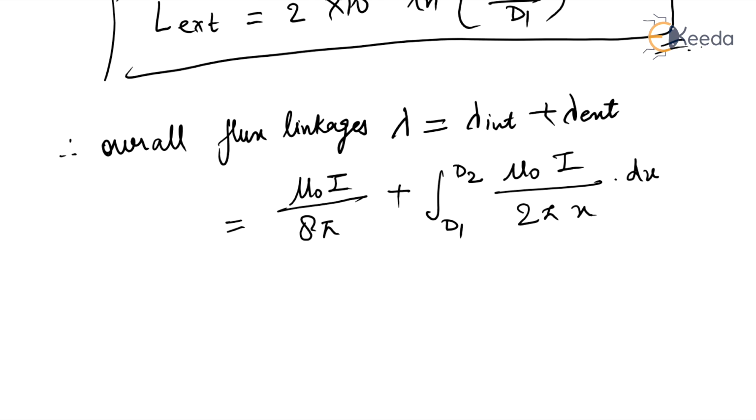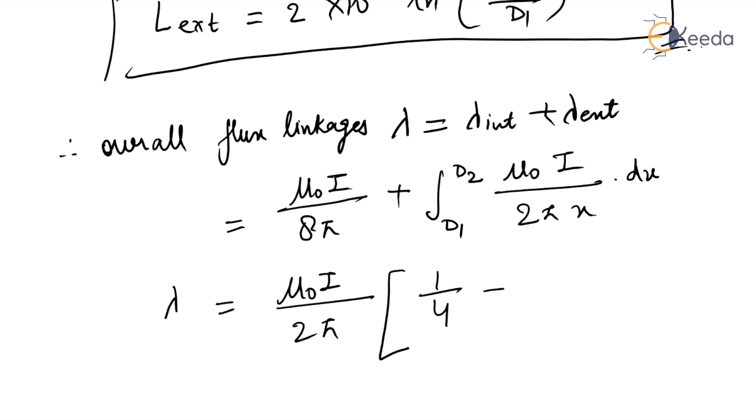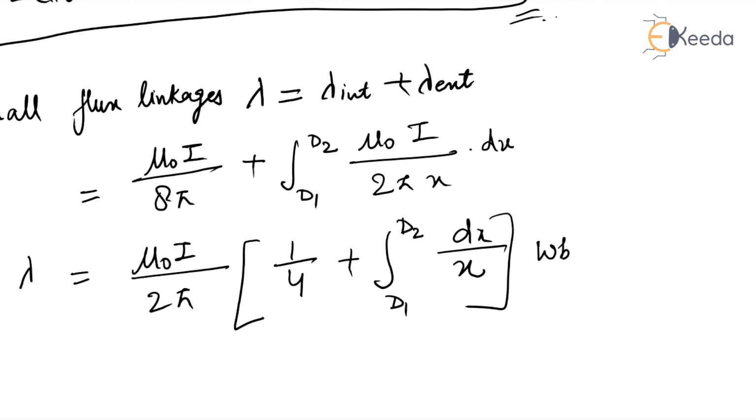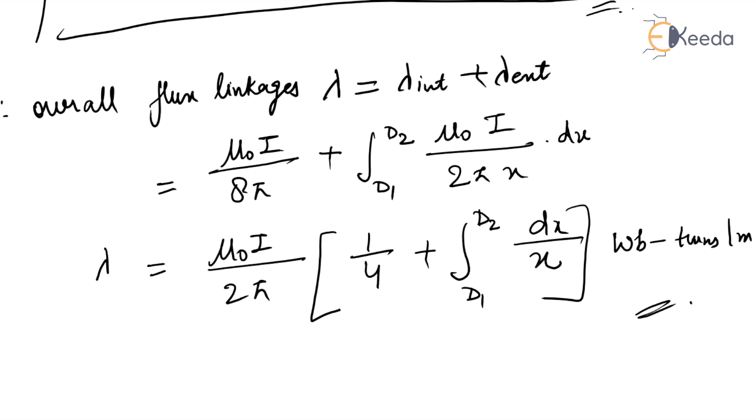So we can write lambda is equal to, taking mu naught I upon 2 pi common, 1 by 4 plus the integral from D1 to D2 of dx by x, Weber turns per meter length. This is the overall flux linkage.